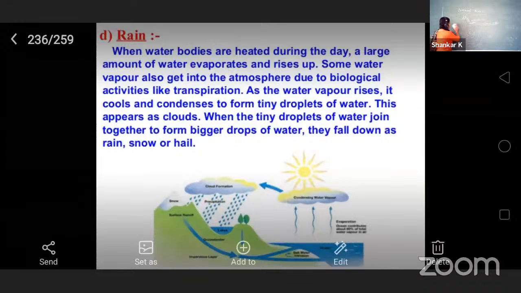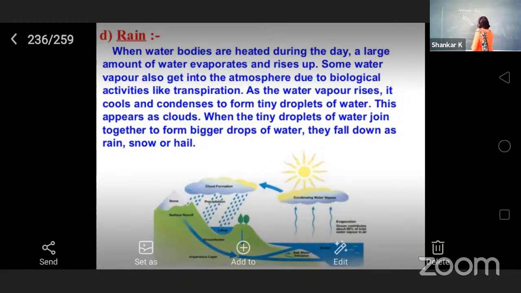So you know the water cycle process, right? We already learned about the water cycle in the 5th, 6th, and 7th standard. The sea water, river, pond, and lake water is there, right?